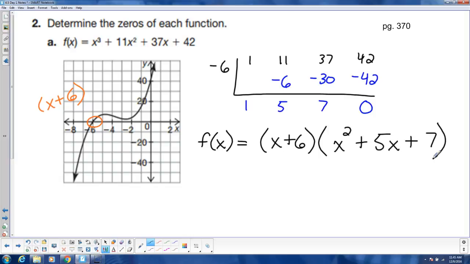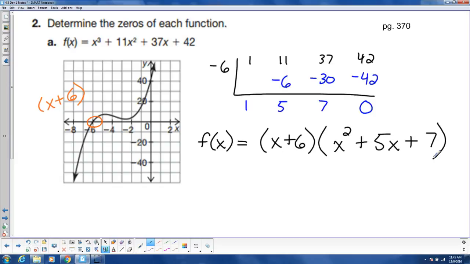Specifically, what can you tell me about the graph? How many imaginaries?